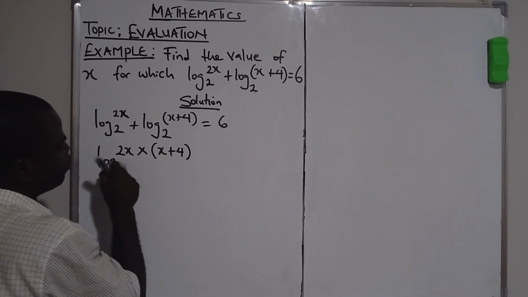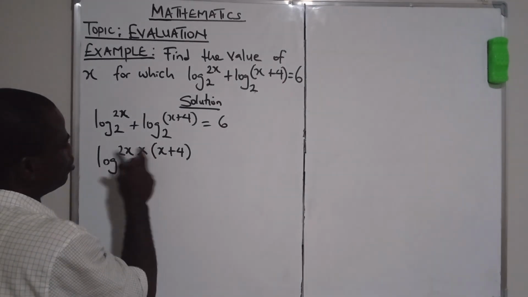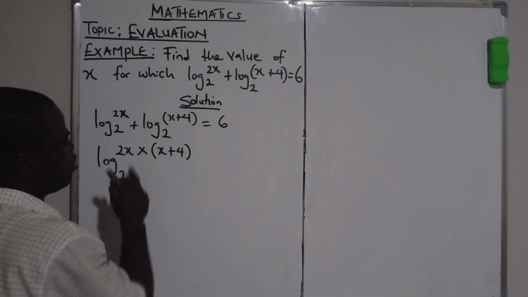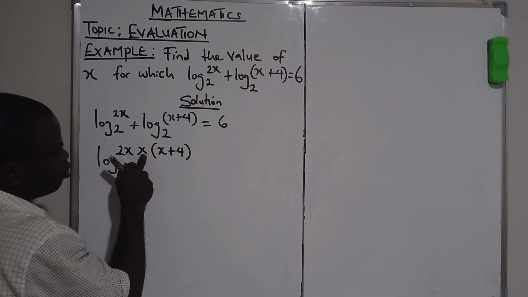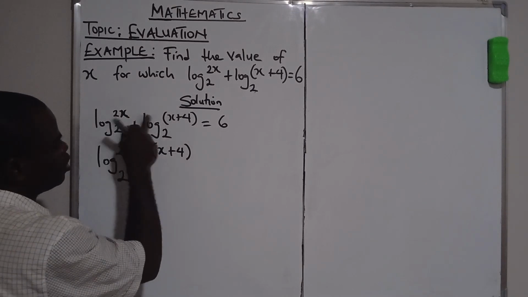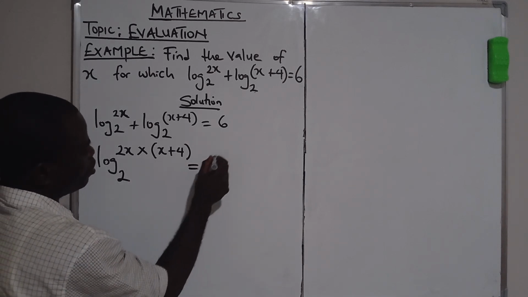When you want to express it in form of log in two places, you are going to put addition in between the two logs. I'm turning two logs into one log. Multiplication will be at the power by multiplying the index. Okay, equals to 6.